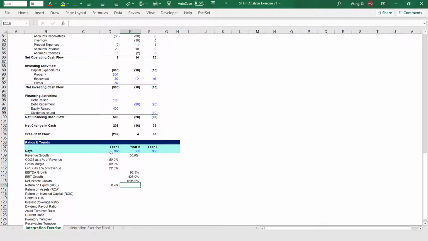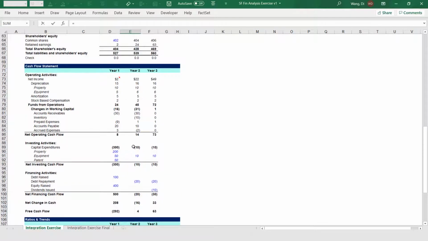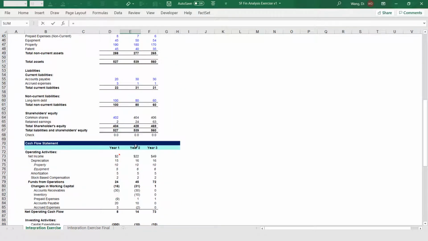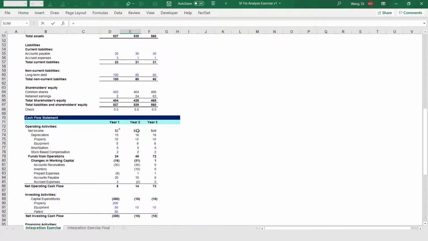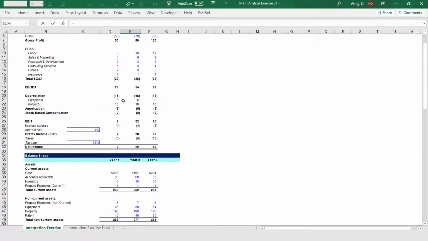However, on year 2, we can't just copy it over since we're not using average. But since we have an average number from year 2, which is the average of year 1 and year 2's equity number, we can just take net income divided by average.